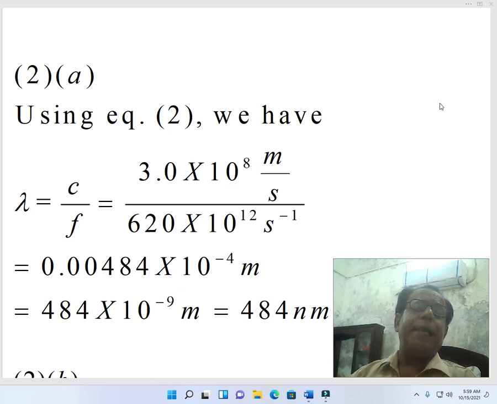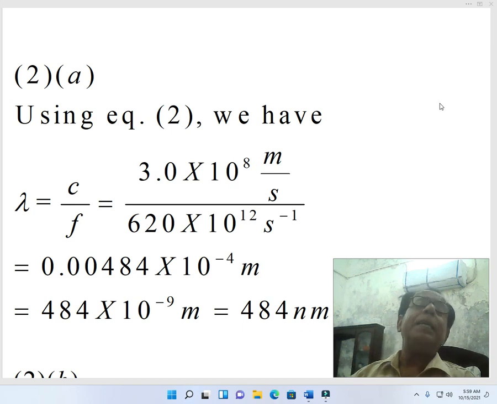Dear students, nano is again a prefix which stands for 10 raised to the power minus 9. Actually, nano is a reciprocal of giga. Similarly, milli is a reciprocal of kilo, and micro is a reciprocal of million or mega.